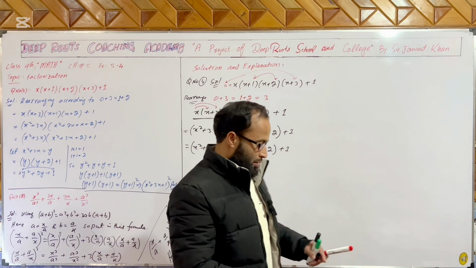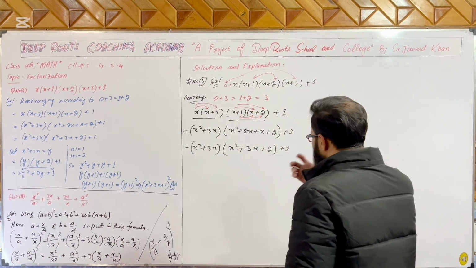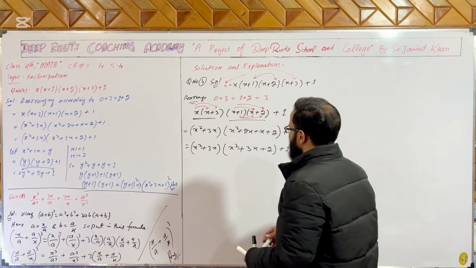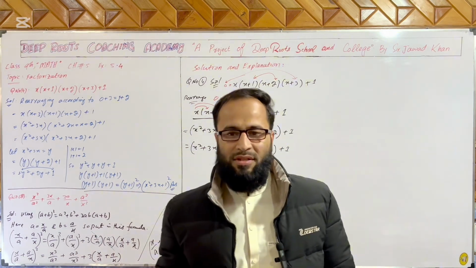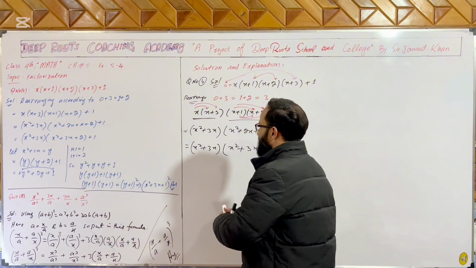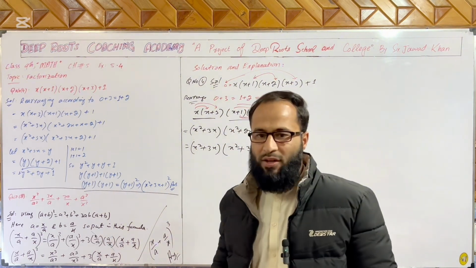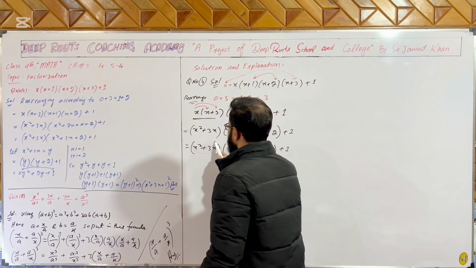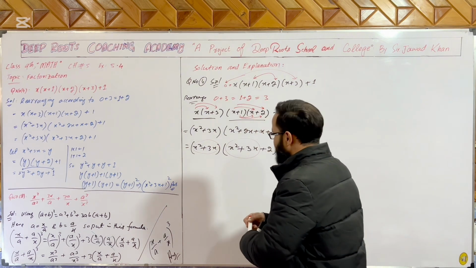Now for solving it further, it cannot be solved easily directly, so we will find whether the same terms exist or not. If the same terms exist, we will equate them to a single variable like y, x, z, etc. Look here, we have x square plus 3x, and here again x square plus 3x.